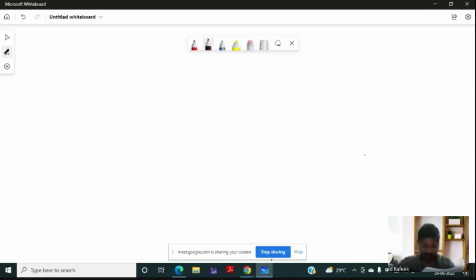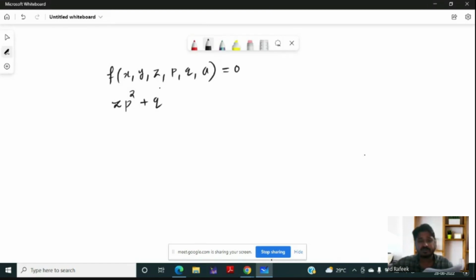Our given PDE is f of x comma y comma z comma p comma q, an arbitrary constant a, equal to 0. This is a function that is nothing but z p square plus q square plus x plus y equal to 0.